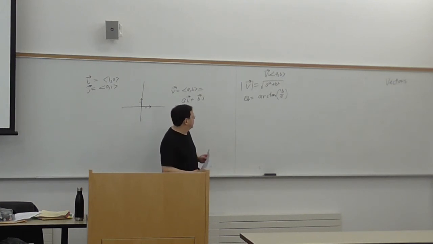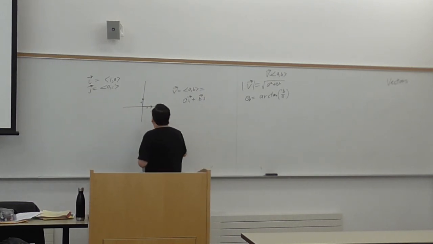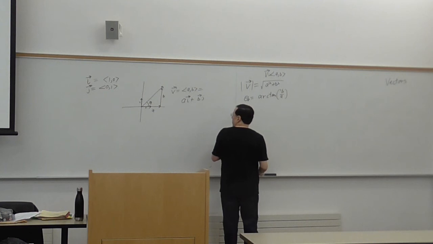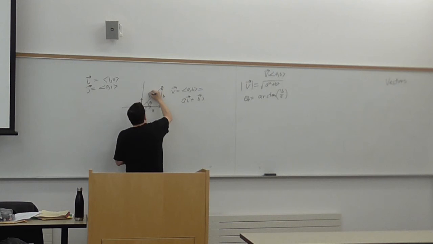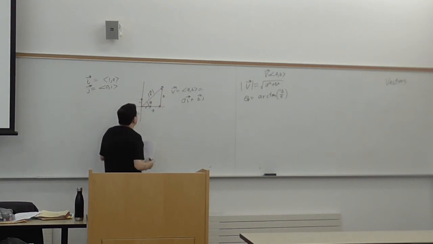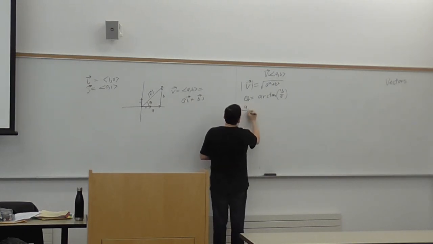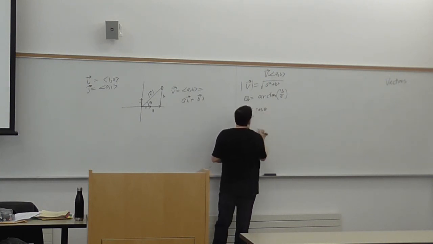But if that's the case, we can go in the other direction too. We have a vector here. Its x component is a, its y component is b. You can see using our trig functions, and its length here is the norm, that a over the norm of v is the cosine of theta.